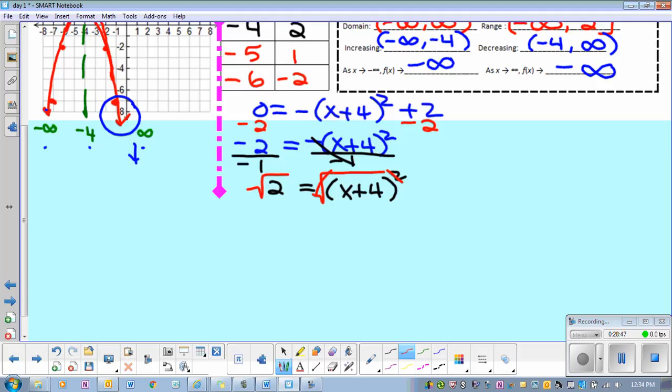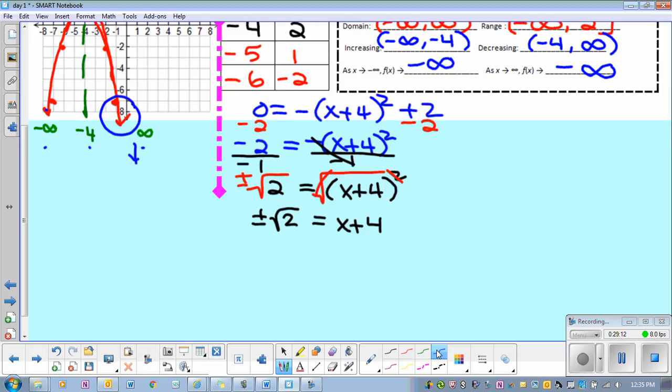But when you write the square root, what do you have to put? Plus or minus. So then you have x plus 4 equals plus or minus root 2.